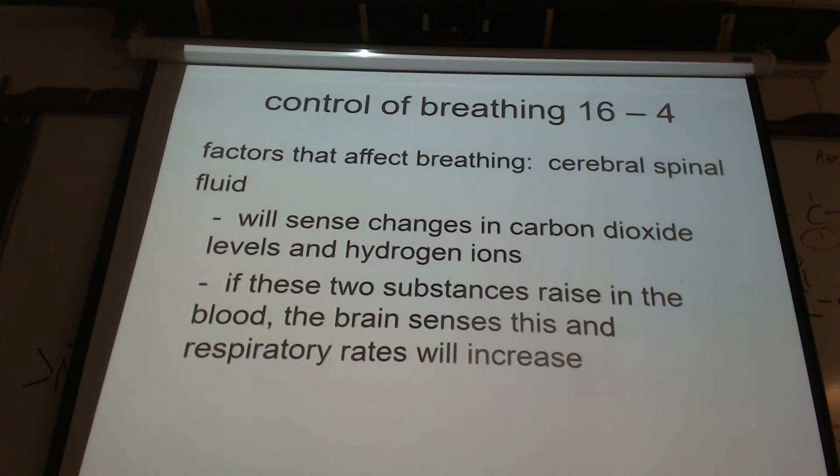For some odd reason, it's just the way the man upstairs designed us. There are different ways that cerebral spinal fluid detects carbon dioxide levels and hydrogen ions. If carbon dioxide levels begin to go up, that means the blood is becoming more acidic. What would happen, I think in the kidneys, is that carbon dioxide, or CO2, would be converted to CO3.